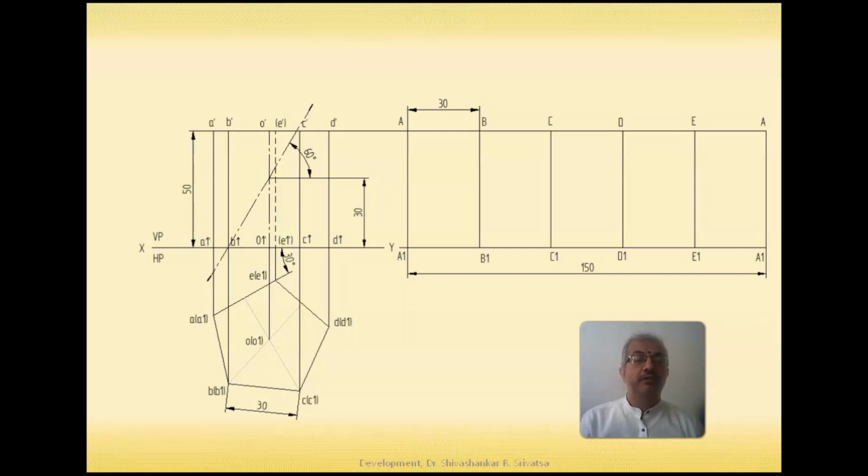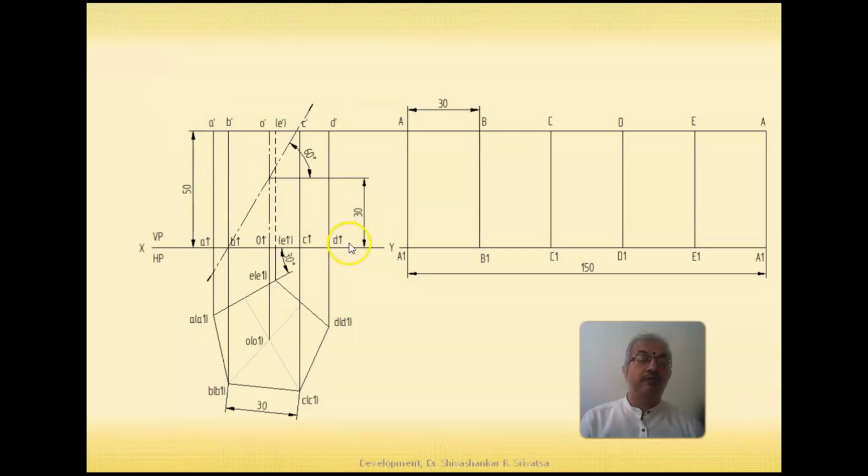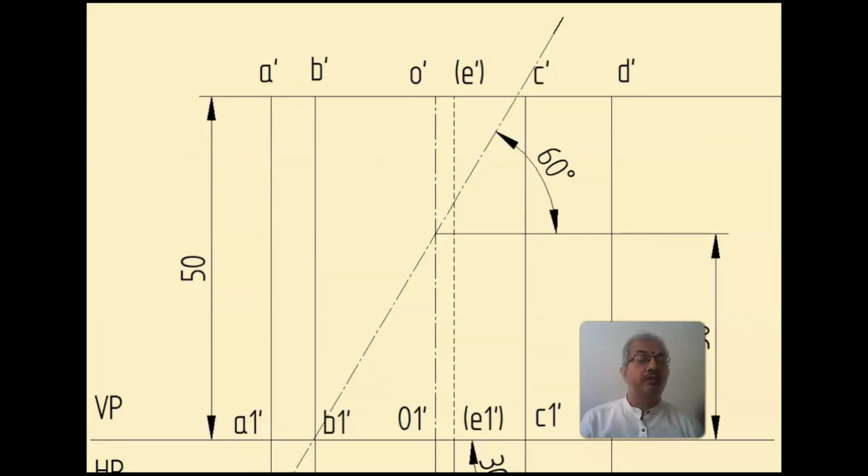So once we introduce the section plane, the next part is to identify which are all the edges cut by this section plane. So we'll take a closer look at this and try to identify which are all the edges cut by this plane. So I'm just taking a zoom view of this.